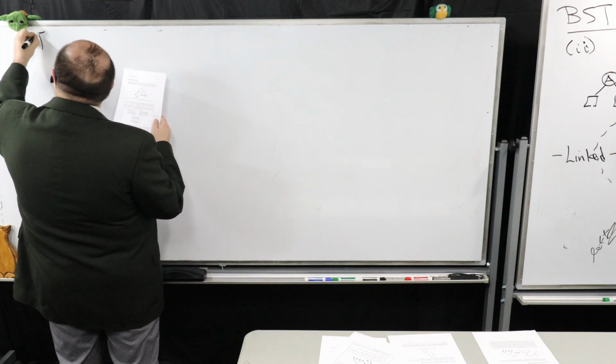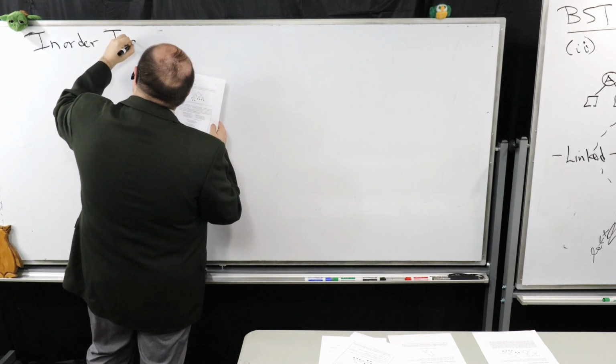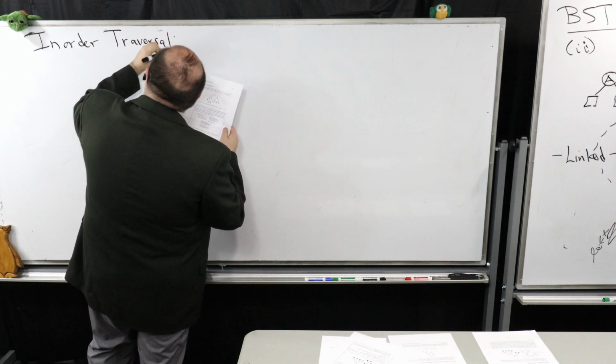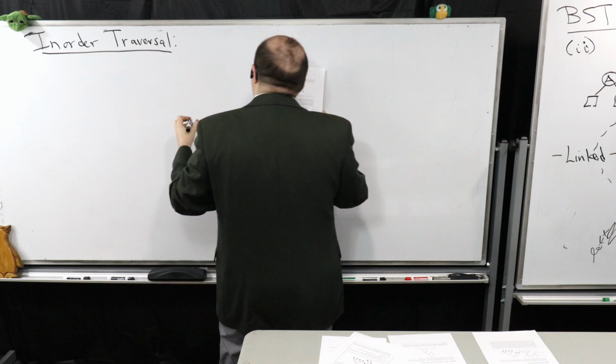So the first thing I want to talk about is what we call an in-order traversal. This is one standard traversal you could do with a binary search tree specifically.